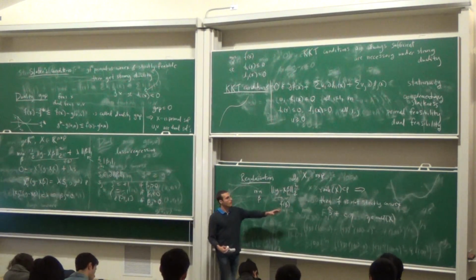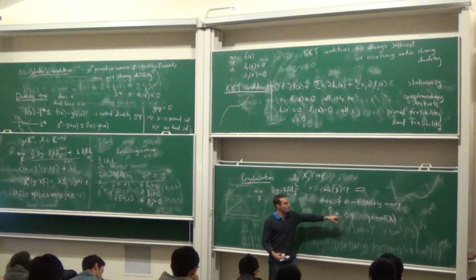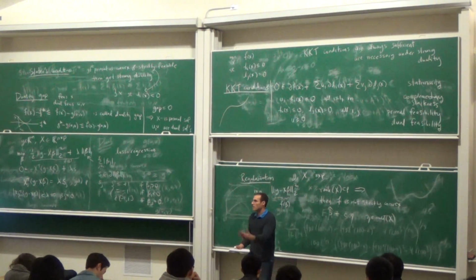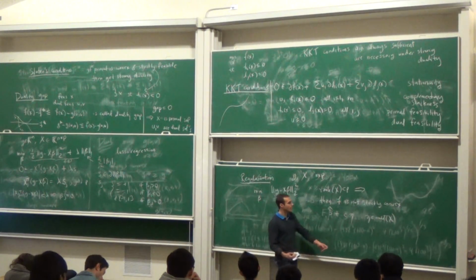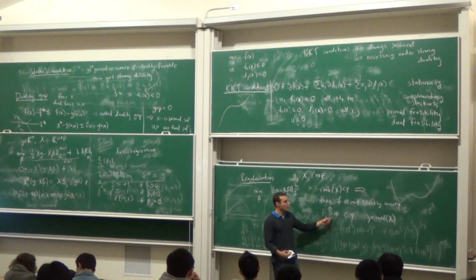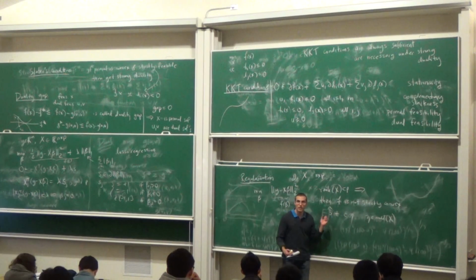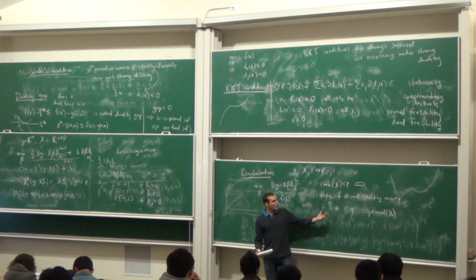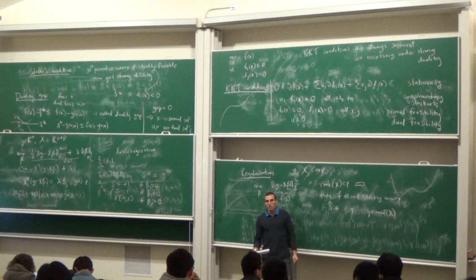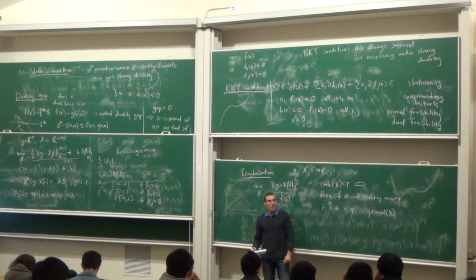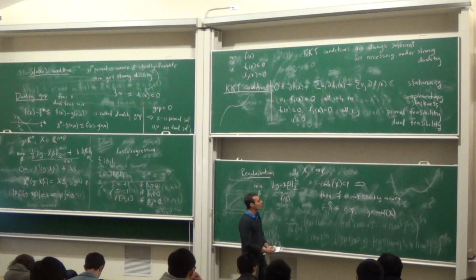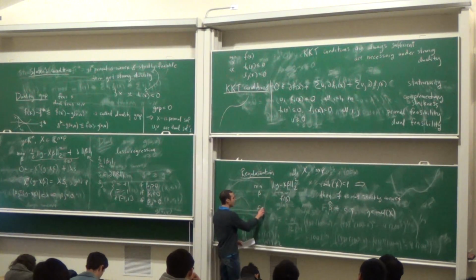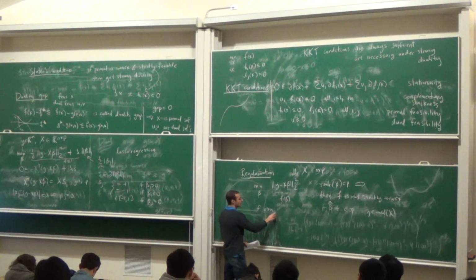So if x has linearly dependent columns, there's going to be some vector eta with the property that x times eta is 0, that's in the null space of x. And so if I have a solution beta hat, this is also a solution for any number c. So we just argued directly that the solution to the least squares problem is not unique. For example, that happens if p is bigger than n.